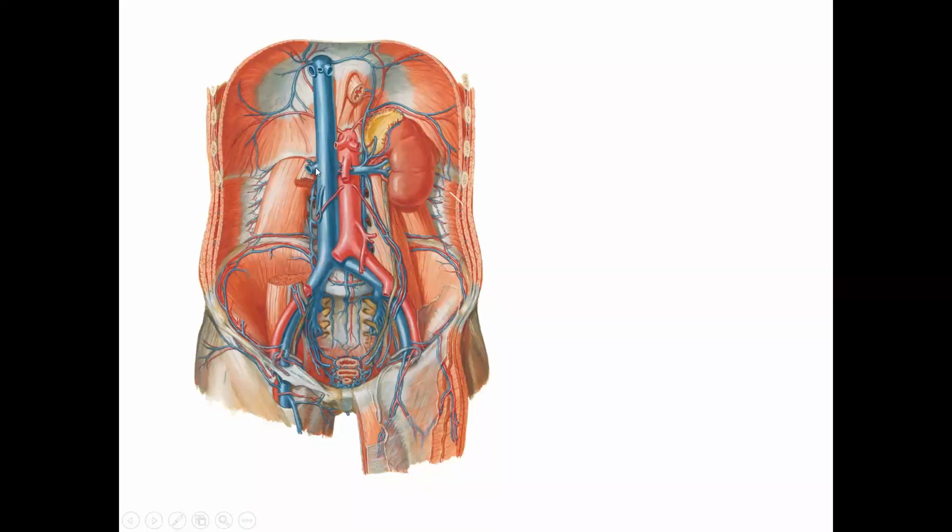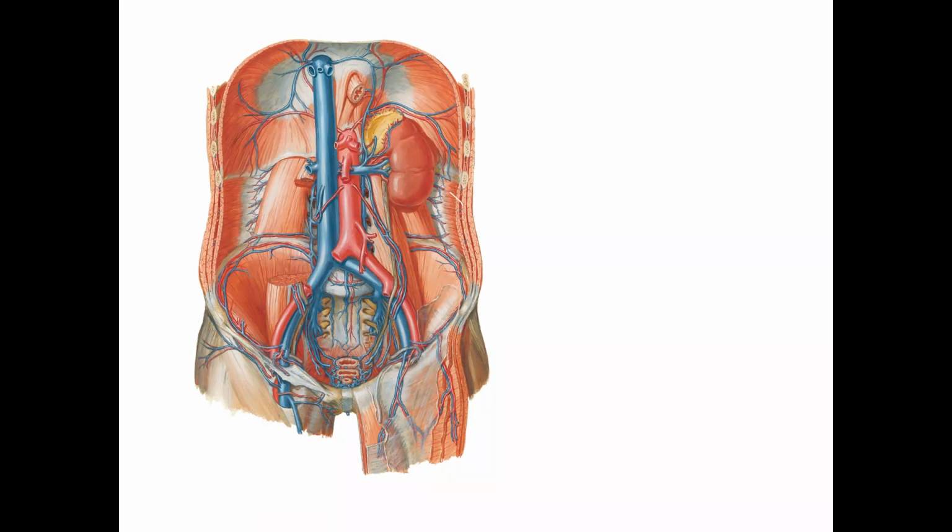Another point to be noted, which we discussed in the previous class, is that the left renal vein crosses in front of the abdominal aorta, just below the origin of the superior mesenteric artery. So the superior mesenteric artery and the abdominal aorta sometimes compress the left renal vein, giving rise to what is called the nutcracker effect.